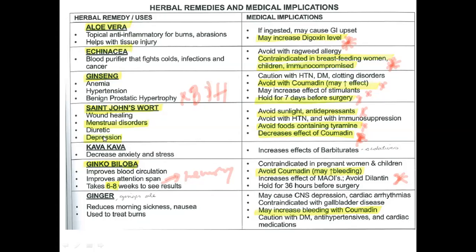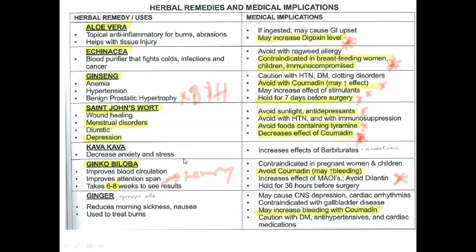Another herb is called kava kava, right? Kava kava decreases the anxiety and stress, right? But kava kava increases the effect of barbiturate. Barbiturate is like diazepam or tranquilizer we use for anxiety, right?